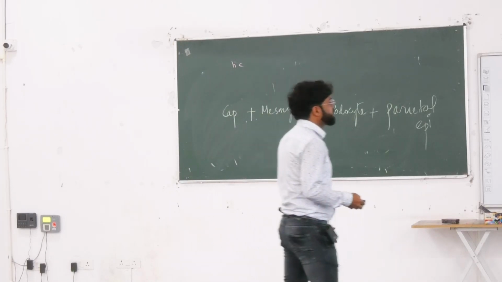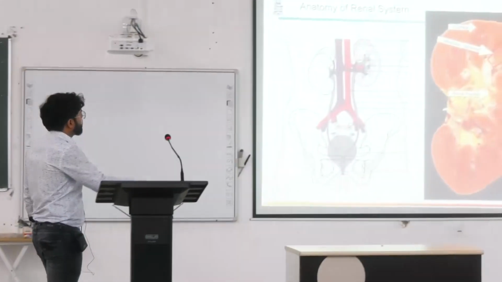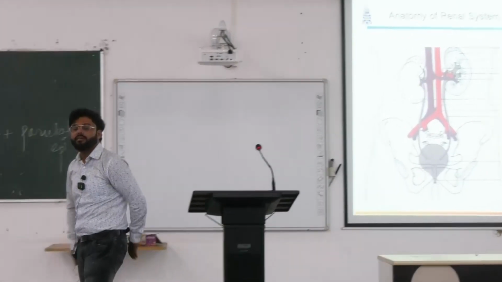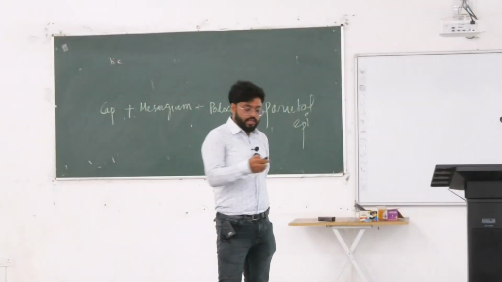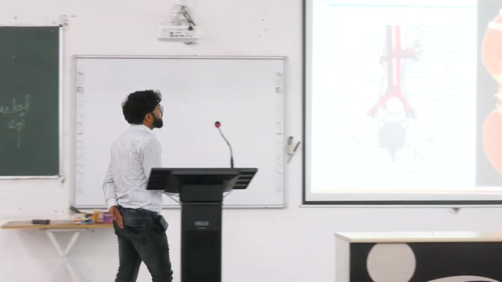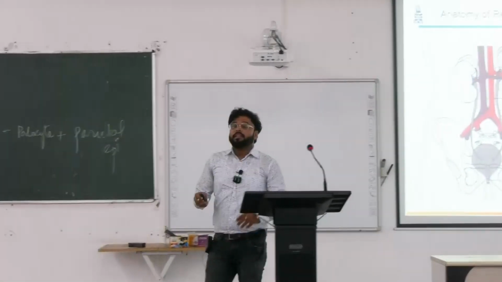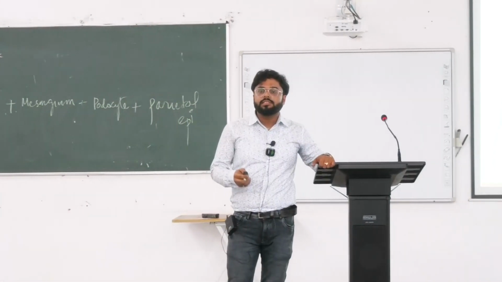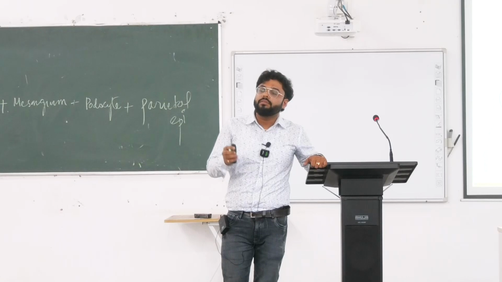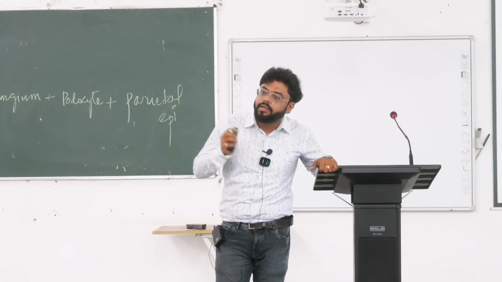Now let's see what the main thing looks like. So this is the anatomy of the kidney. Importantly, see this area. We all know these are known as renal papillae. The importance of renal papillae is that this is the primary site of involvement of some important disease entities.